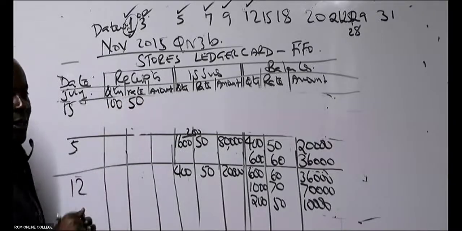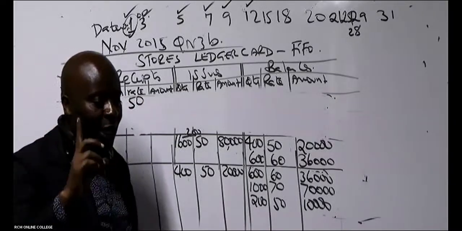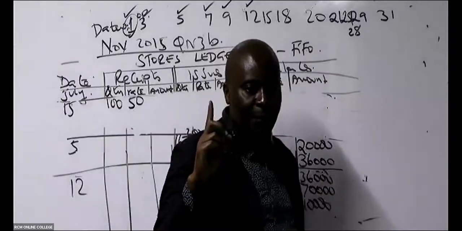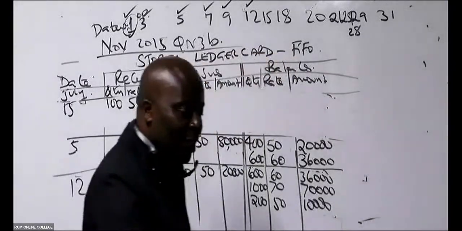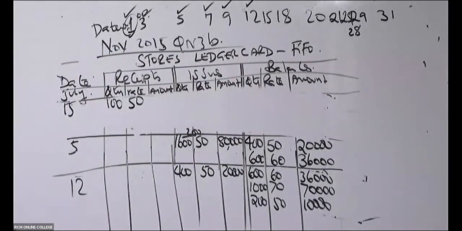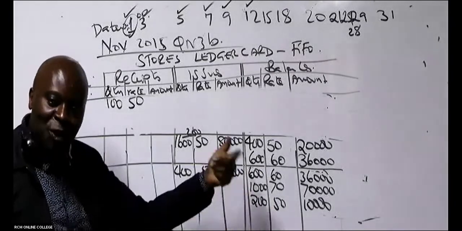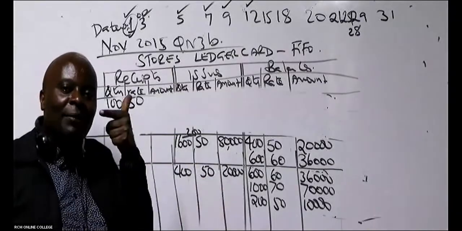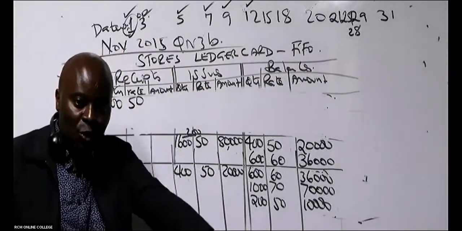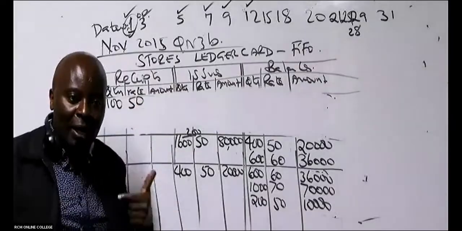At 50. Sorry for that, I was reading a different note. You can't tell me 60. You see, these 60 are still in the store. Have they been issued? Remember, we are looking at something that had earlier been issued, and now we are returning it back.